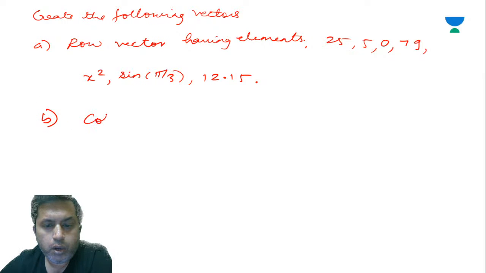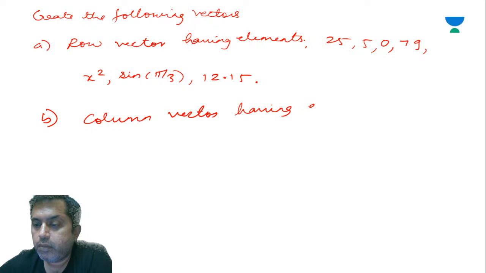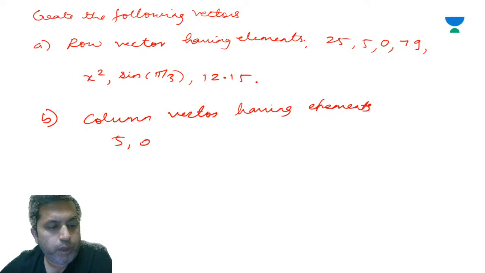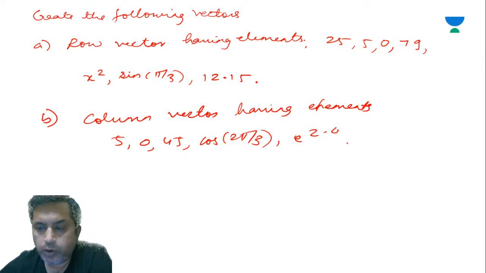B column vector having elements 5, 0, 45, minus cos 2 pi by 3, e raised to 2.4, 2 raised to 2.3.